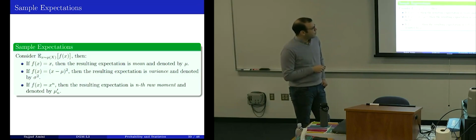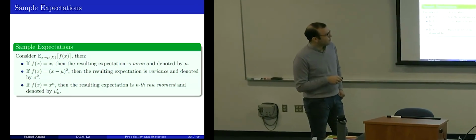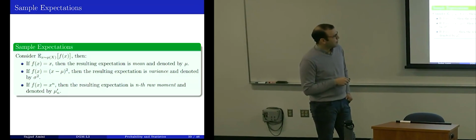If you use x to the power of n as your f function, then the resulting expectation is the nth raw moment. It is called raw moment because it is around 0. And it is denoted by mu subscript n superscript prime.